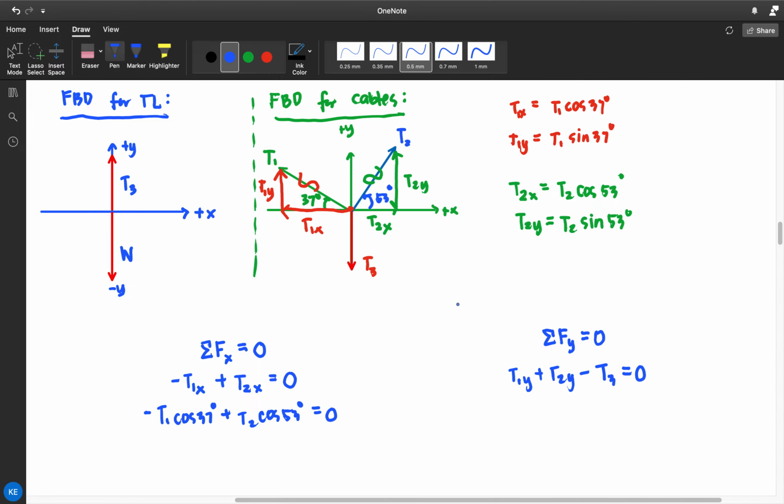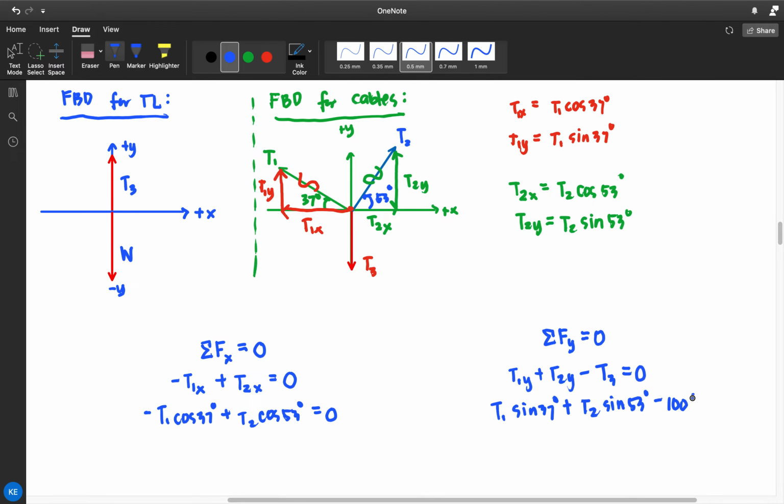So, your T1y, take note, ang mga components niya, so you'll have here T1 sine 37, and then plus T2 sine 53, and then minus your T3, which is simply 100 newtons, right?